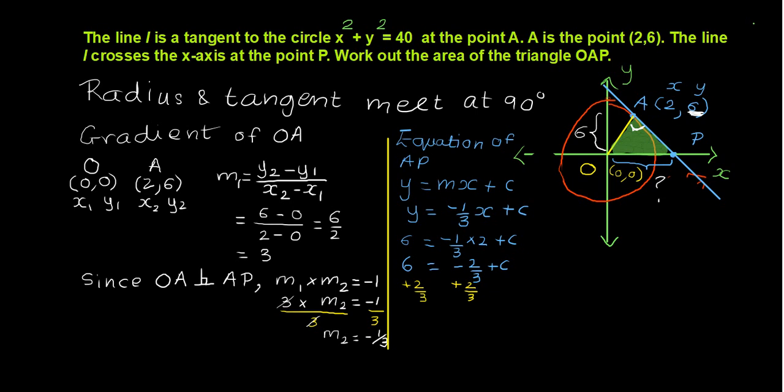So what we're gonna do is we're gonna have 6 plus 2 over 3, and that's C. Now to work this out, I'll write 6 as a fraction over 1.